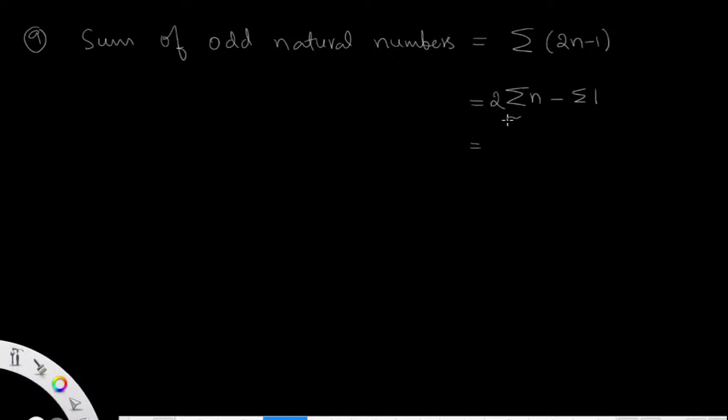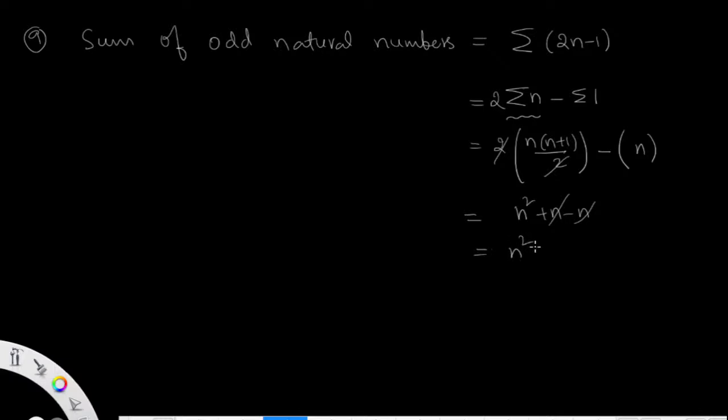Sigma n is nothing but n into n plus 1 by 2, and sigma 1 you have to write as n times, 1 plus 1 plus 1 n times, which is 1 into n, that is n. Here also the 2 cancels, giving n square plus n minus n, which is equal to n square. Therefore the sum of the odd natural numbers is equal to n square.